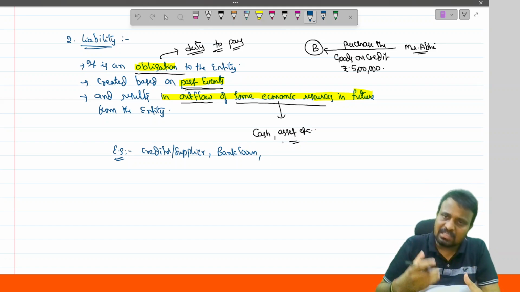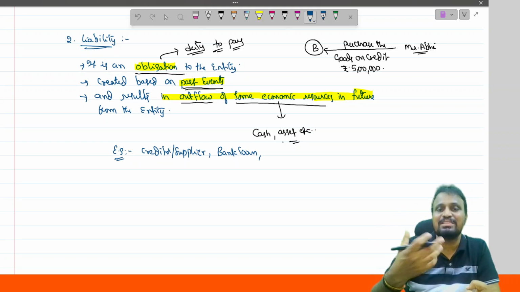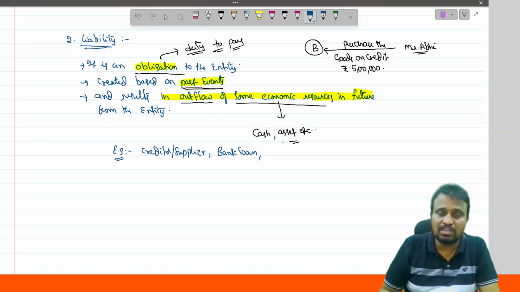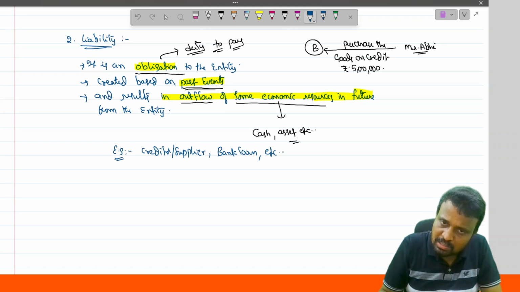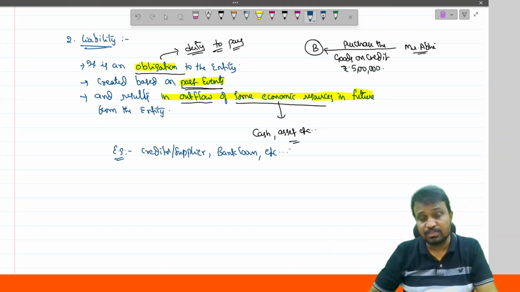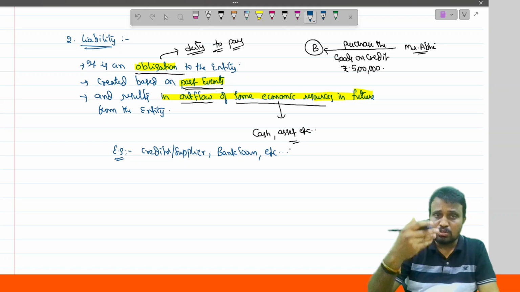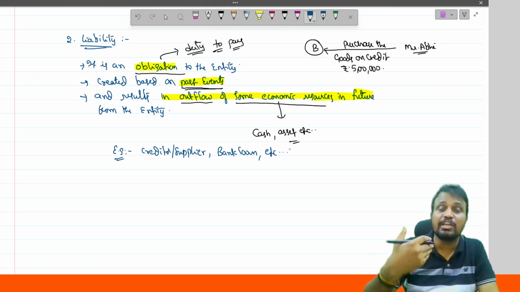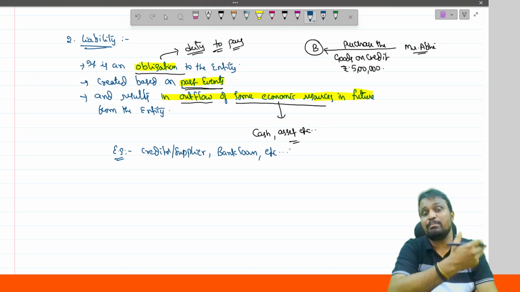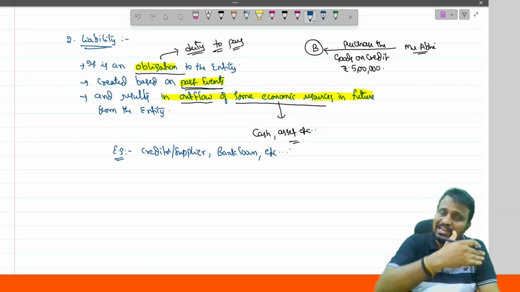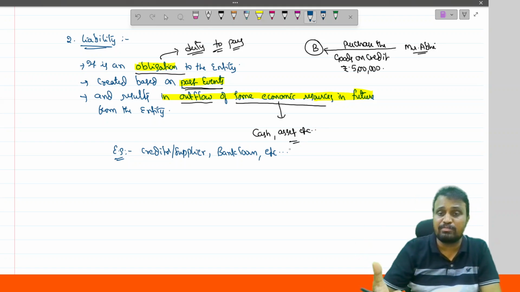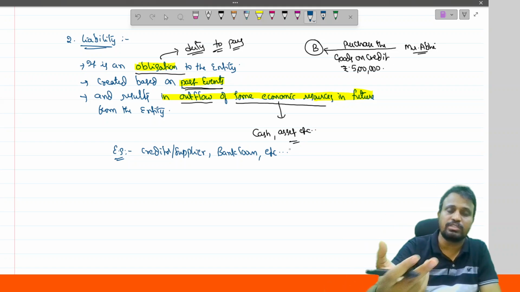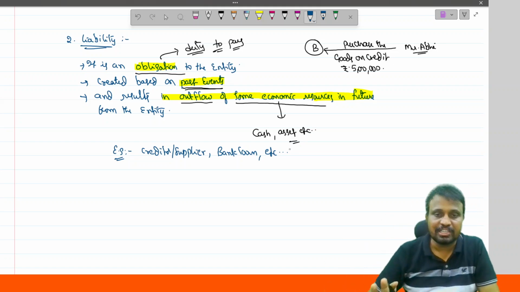We are getting the services but we didn't pay the amount to that party, and in the near future we are required to pay. Those are also covered under liability: outstanding expenses. So everything which has an obligation to pay a certain amount in future, created based on some past event, and results in outflow of economic benefits from the entity in future, is said to be a liability.